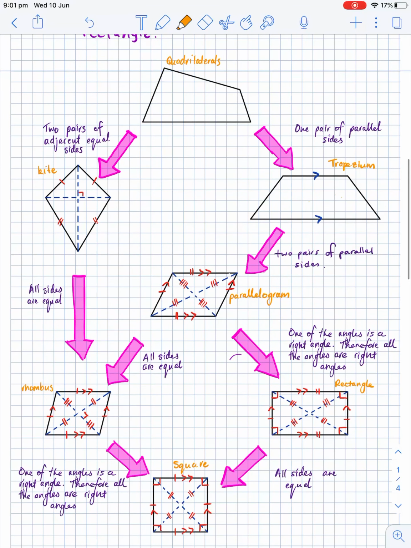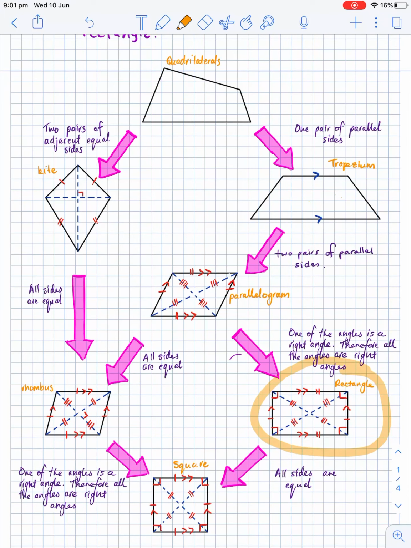If you have, say, a kite, but it has all equal sides, suddenly you get a rhombus. So a rhombus is pretty much any quadrilateral which has all equal sides. If you have a parallelogram, but one of the angles is a right angle, therefore all your angles are right angles, suddenly you get a rectangle.